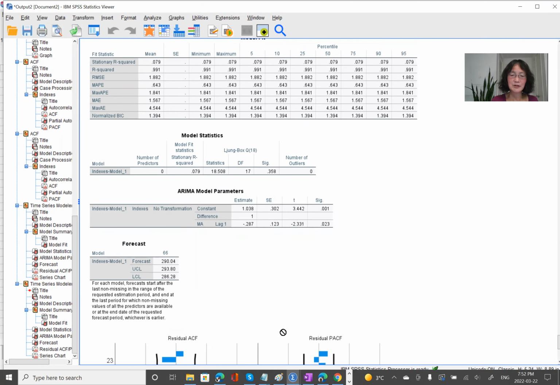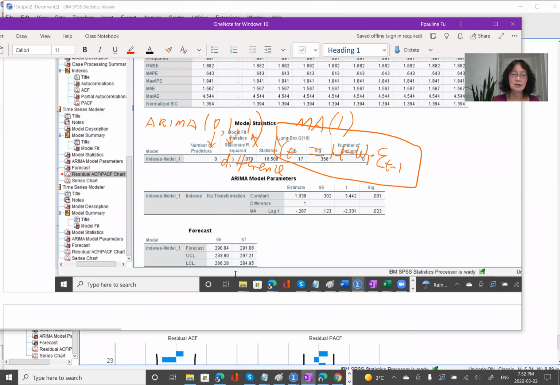So the model is based on a constant. This constant is our mu, the population mean. And this MA lag 1 is our omega 1.